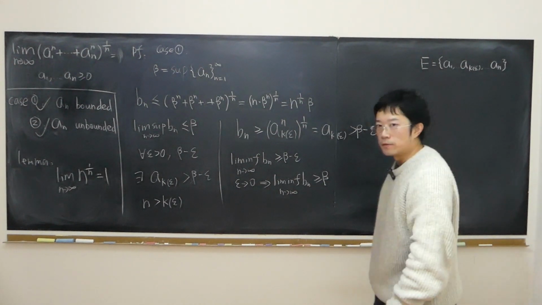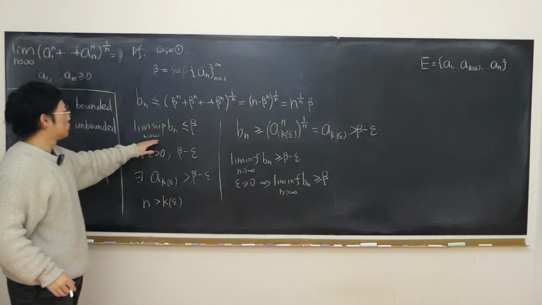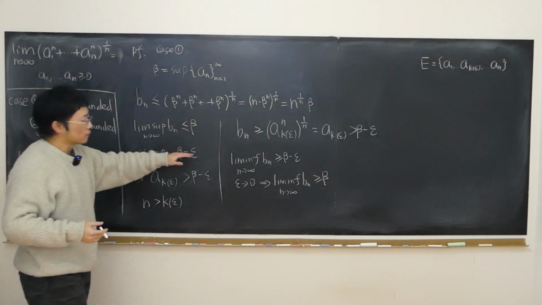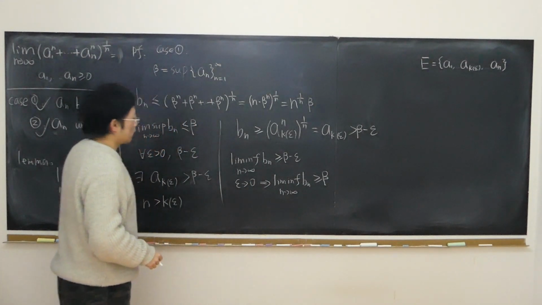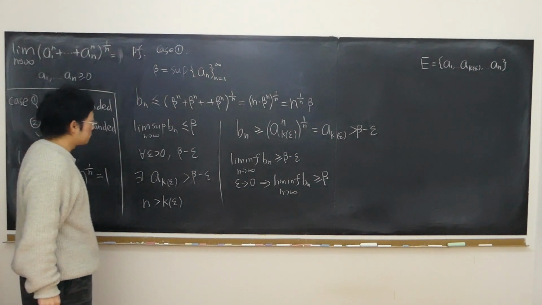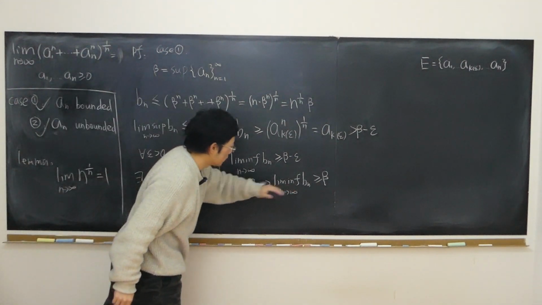Right? So it's a common technique in analysis. First, we prove that lim sup is no larger than some constant. Then we prove the lim inf is no less than the same constant. Therefore, we can easily conclude that lim sup is no larger than beta, and beta is no larger than lim inf.